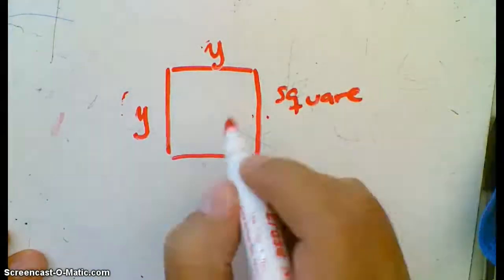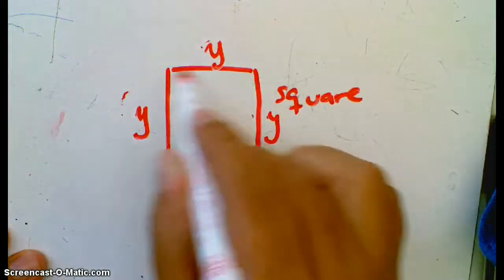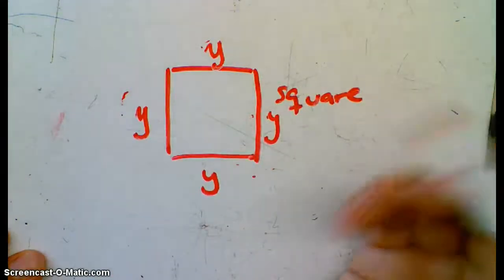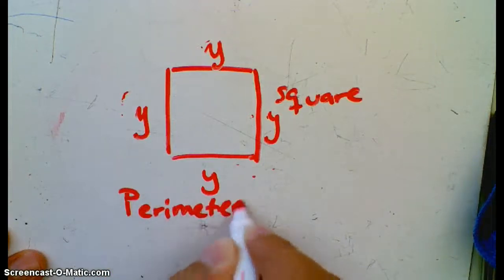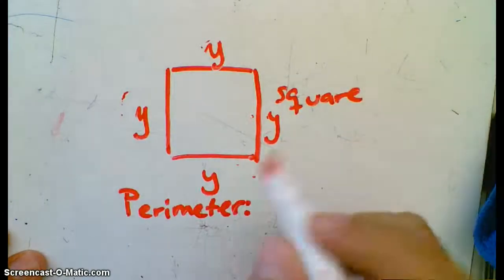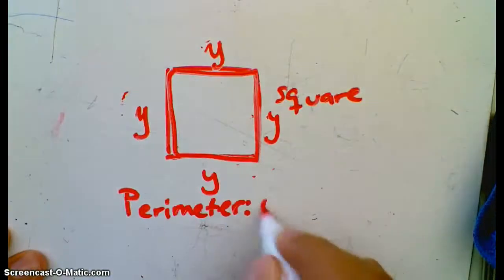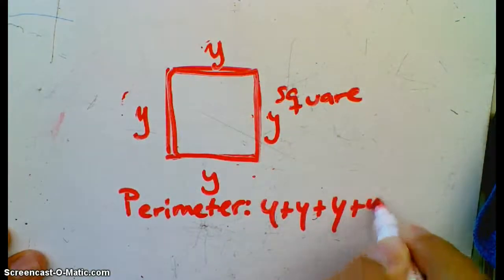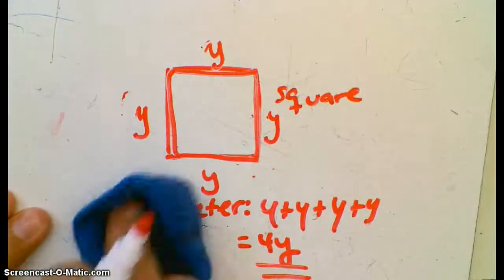So if I want to know the perimeter, I'm not going to know the exact number, but I add every single side: y plus y plus y plus y, it would be 4y. I don't know the exact perimeter, but I know the expression that would lead me to it: 4 times y.